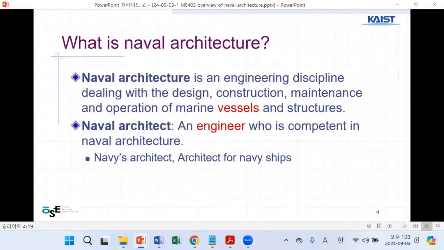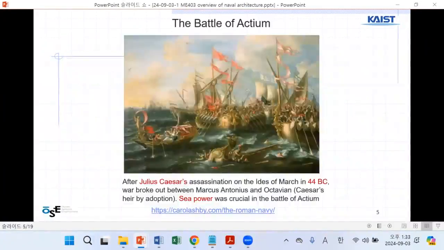So what is naval architecture as engineering? Right. Design, construction, maintenance, operation. Yeah. Who is in the Navy guys? Simply, architect for Navy ships. Battle of Actium, it is Caesar. You know about Julius Caesar. But it is about BC 44. BC means before Christ. Right? 40 years before Christ.